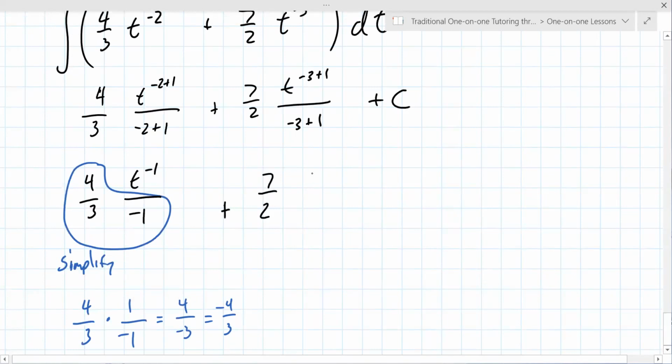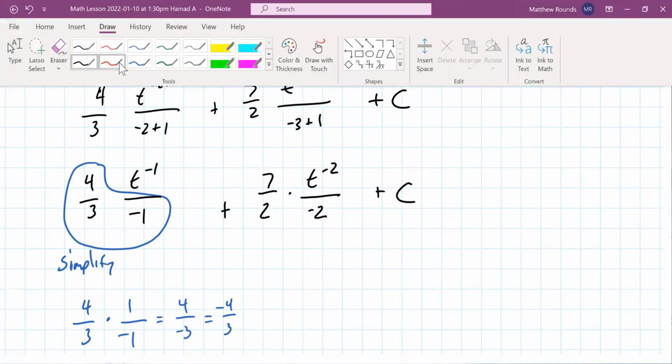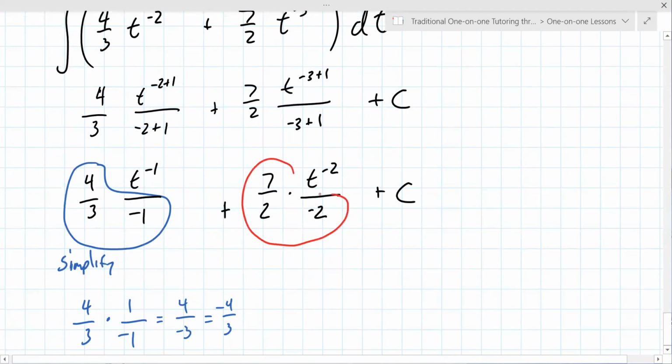And this next one is t to the -2 over -2. And you're simplifying this. So this is 7 over 2 times 1 over -2, which becomes 7 over -4 or -7 over 4.